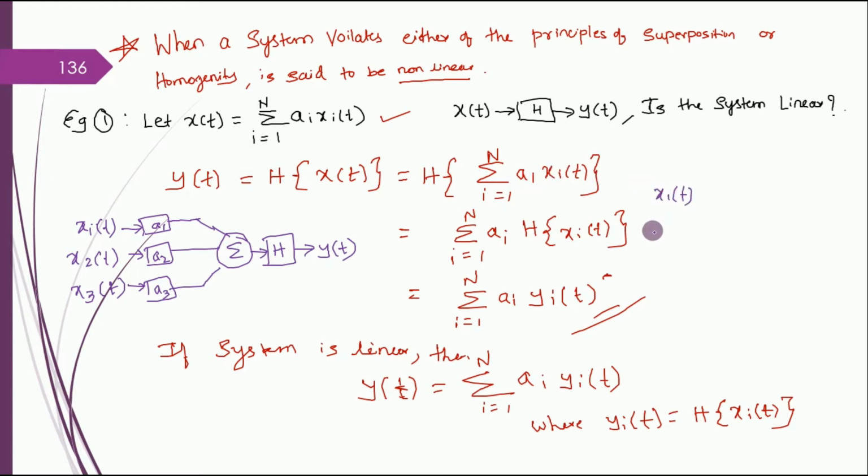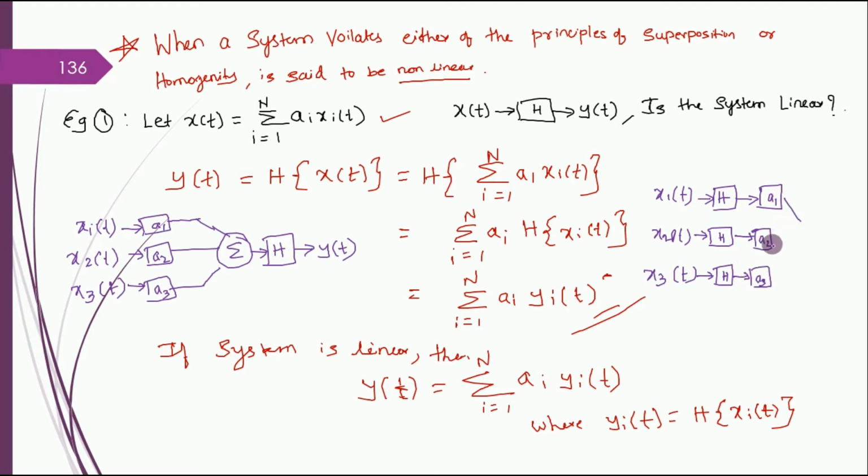I have three inputs. First, I pass each of these inputs to the system operator. Then each one of the outputs I scale, a1, a2, this one also is scaled a3.